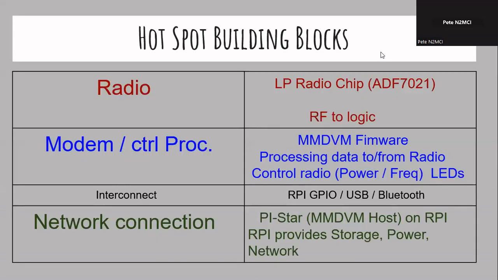So the building blocks of a Raspberry Pi hotspot are the radio, a modem, and then some kind of interconnect, and then it talks to a network computer, and that's your Pi. But there's other things too, and we'll talk more about that later. The Pi hat itself is the first two blocks here: the radio and control block, and the modem. The chip they use most of the time is the 7021 chip.